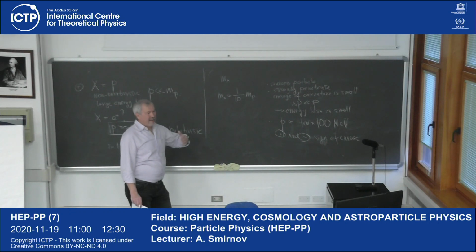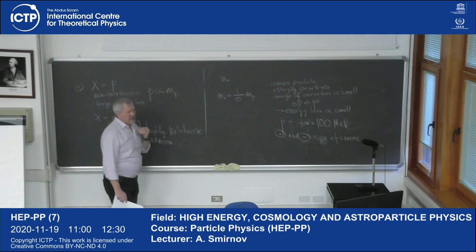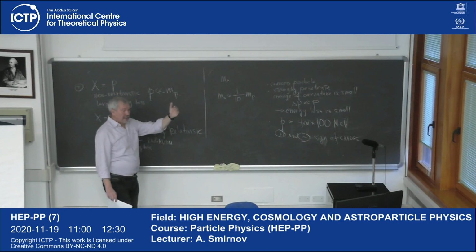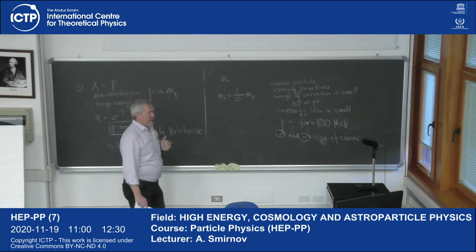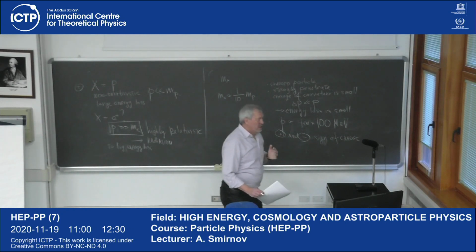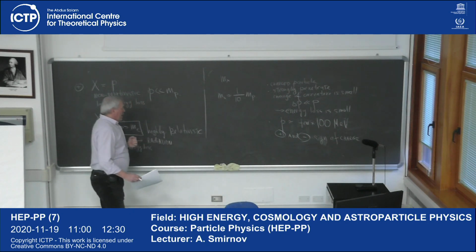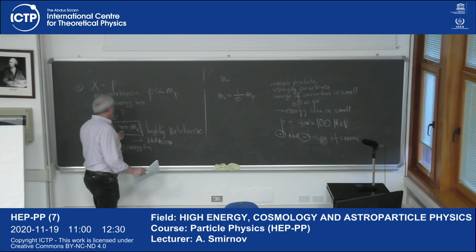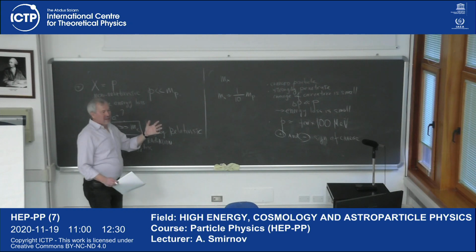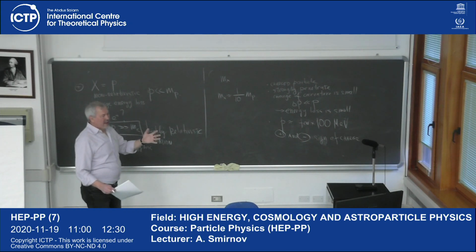So what you are doing, you are scanning different values of the masses, starting from the proton mass, and start to reduce this mass, and with this reduction of the mass, the energy loss becomes smaller and smaller, because remember, ionization energy loss is proportional to the mass of the particle. And then you can go from the side of the electron, increase the mass of this particle, which is bigger than the electron.